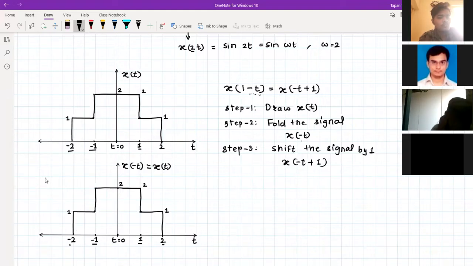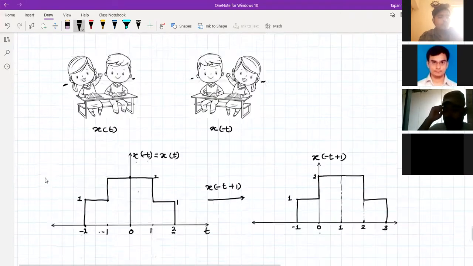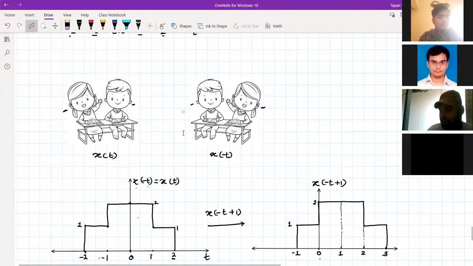Then we were supposed to find x of 1 minus t. So what we did, we flipped, or we did the time reversal, right? Because the signal is symmetric with respect to the y-axis, we got the same signal. So x of minus t was the same as x of t. This was an example of the flipped version.